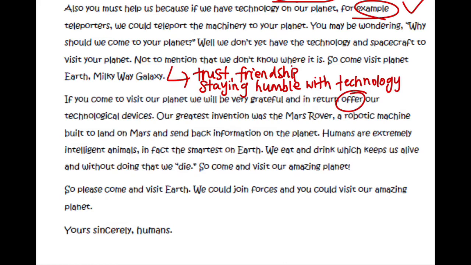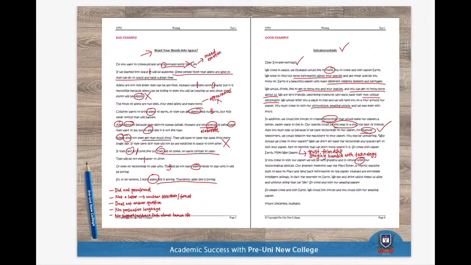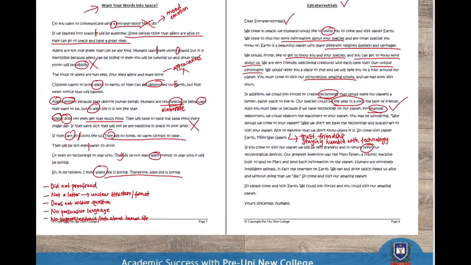We eat and drink, which keeps us alive, and without doing that we die. So come and visit our amazing planet. Final line is, so please come and visit Earth. We could join forces and you could visit our amazing planet. Yours sincerely, humans. So this is our good example.